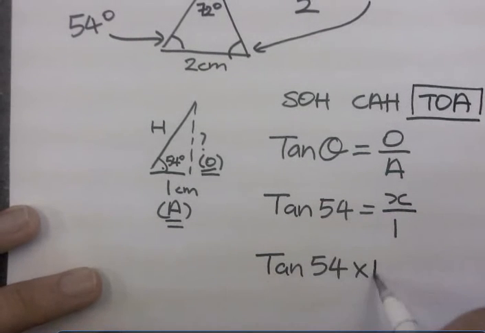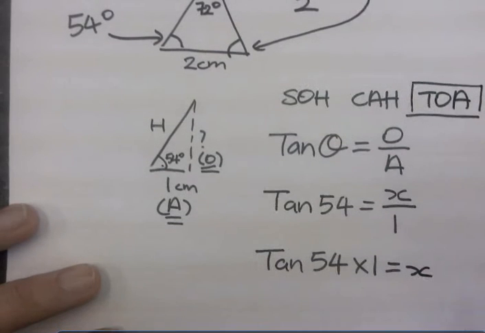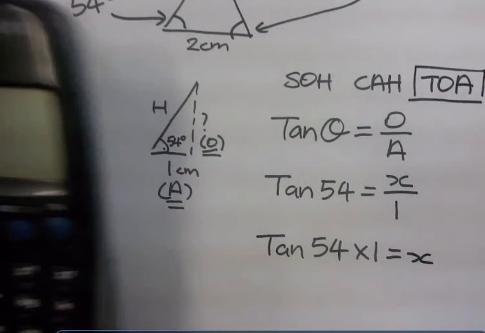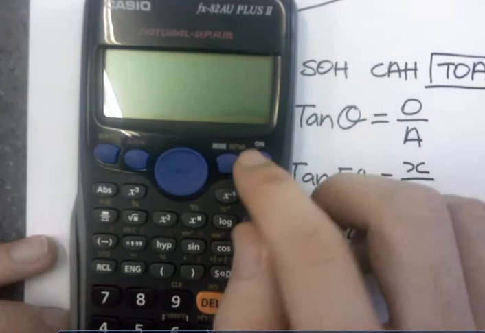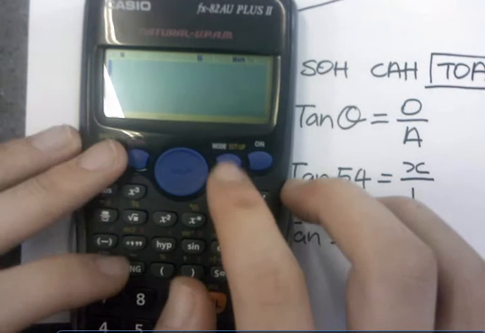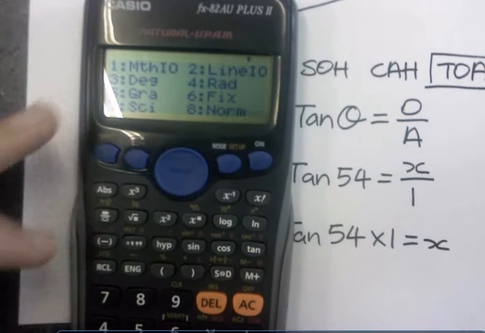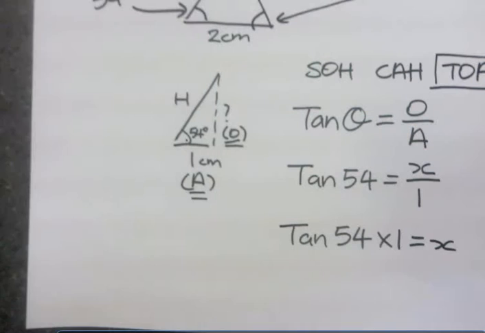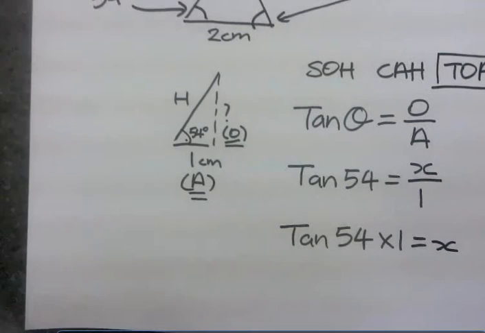Now this is important, so you do need to listen up. On your calculator, you need to switch it on, go to settings, and you do need to say degrees. You do need to be in degrees mode to do this properly. So it must be in degrees.